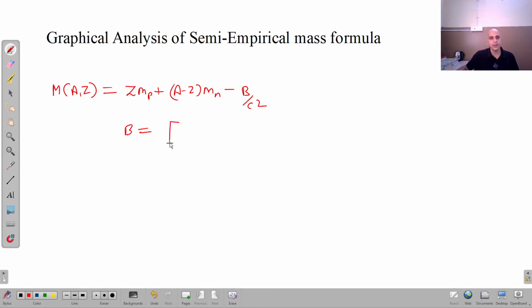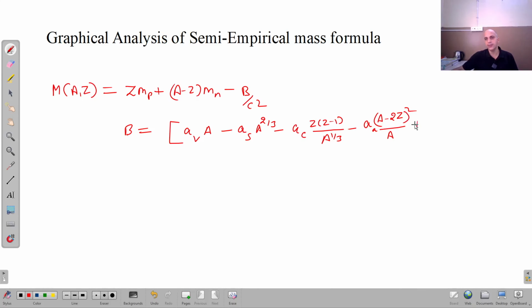This is equal to a volume energy term times A, minus a surface energy term times A power 2 by 3, minus a Coulomb energy term Z into (Z minus 1) divided by A power 1 by 3, minus an asymmetry energy term into (A minus 2Z) whole square divided by A. Then the last term, the pairing energy term, plus or minus a pairing energy constant divided by A power 3 by 4.